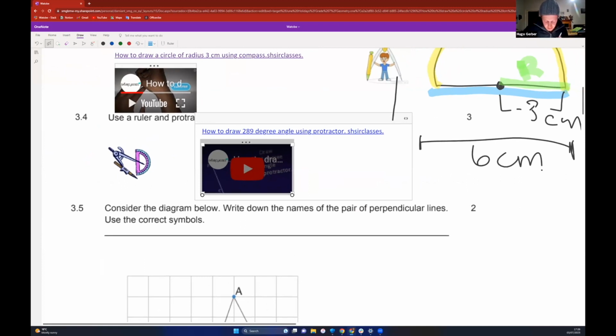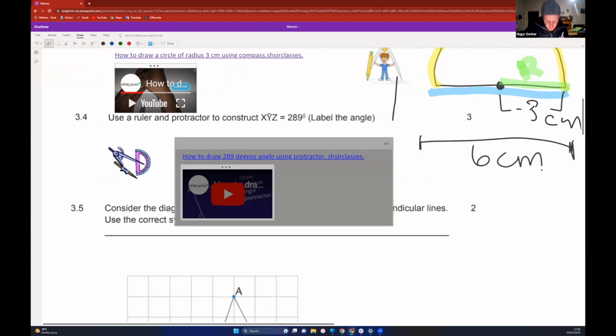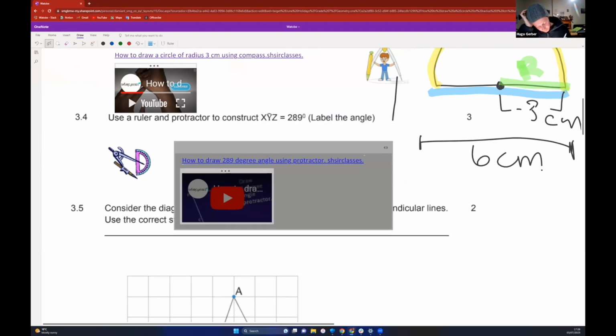All right. This thing is in the way. There we go. Oh, not a circle, an angle. Sorry, an angle. Use a ruler and a protractor to construct an angle XYZ that is equal to 289 degrees. Urifa, what do you want to tell me?